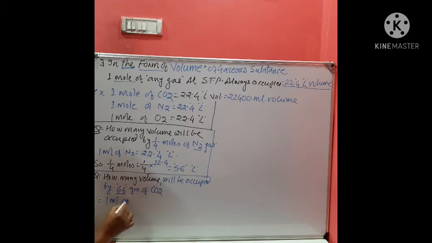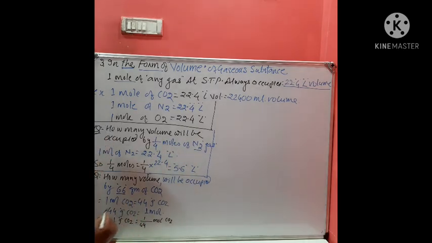1 mole CO2 is equal to 44 gram CO2, or you can say 44 gram CO2 is equal to 1 mole. So 1 gram CO2 is equal to 1 upon 44 mole CO2.